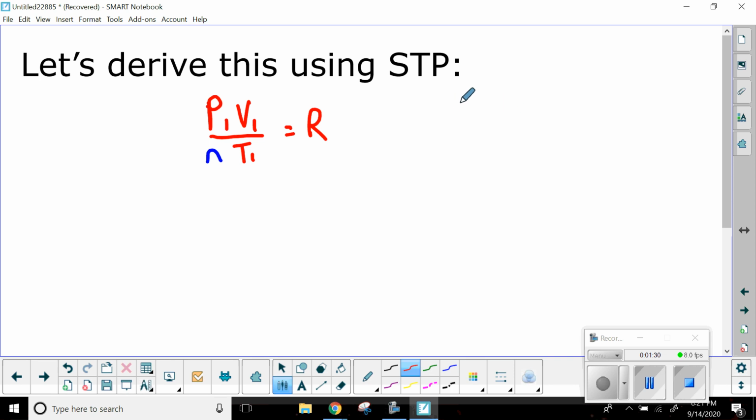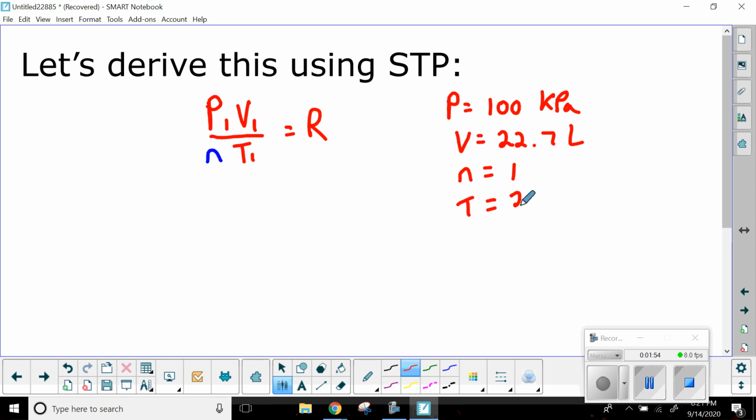Then I am going to remember from previous videos that at STP, pressure is 100 kPa. I'm going to remember that 1 mole of the gas at STP will take up 22.7 liters worth of space. This is all for 1 mole, and at STP my temperature is 273 kelvins.